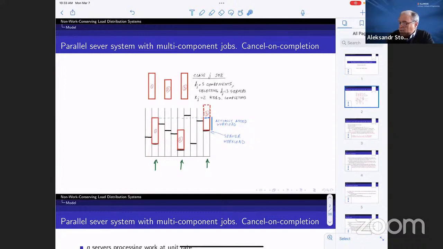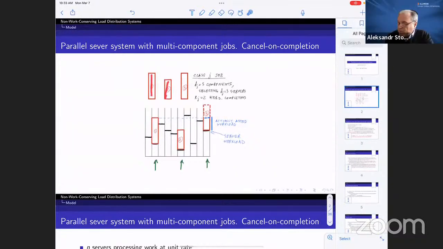Okay, so this system receives a flow of jobs, and jobs can be of multiple classes. For example, a class J job has multiple components. Suppose this class has 3 components, parameter dj.